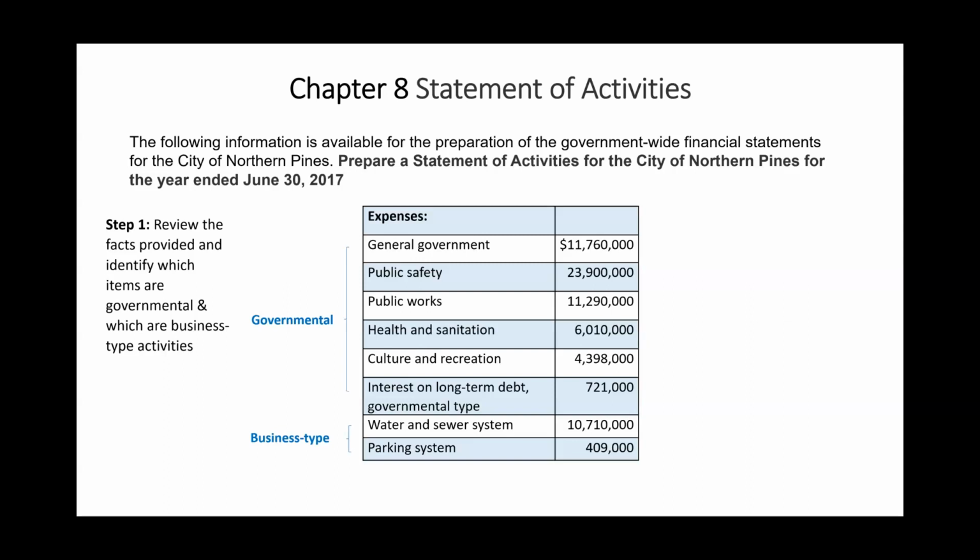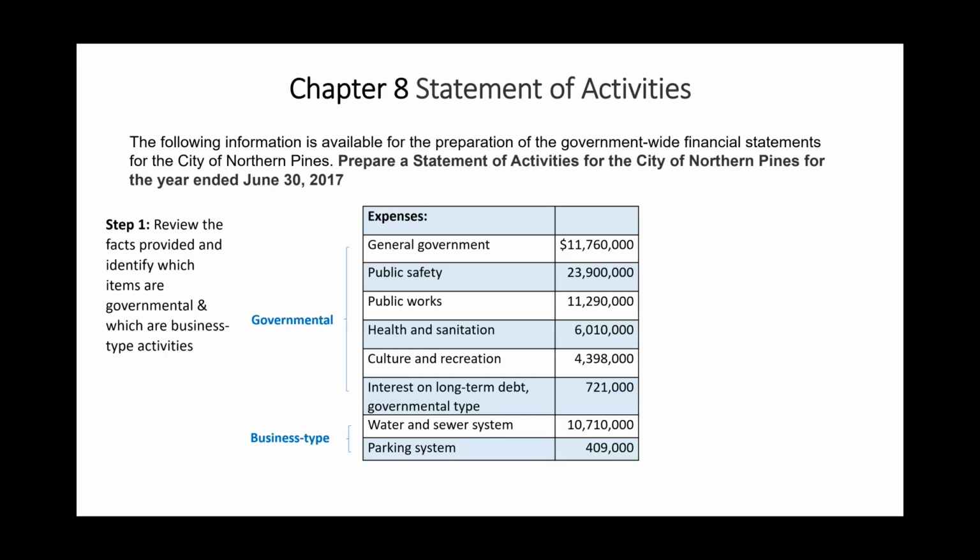Culture and recreation, most parks and recs departments, they're for everybody, right? Also, fun note, parks and recs department, generally lots of fraud going on there because there's lots of cash involved. And any interest on long-term debt, governmental type, they tell us right there, it's governmental, right? So easy enough. Okay, so just get familiar with using that process.